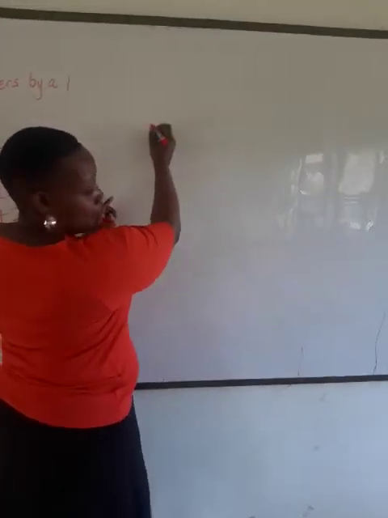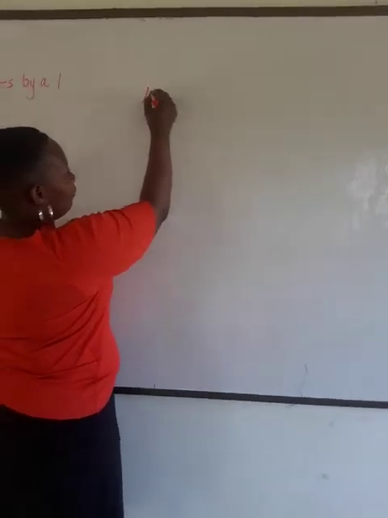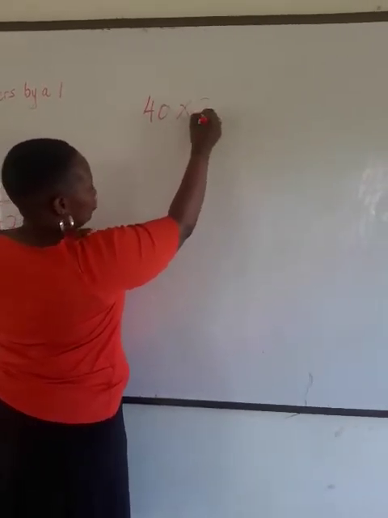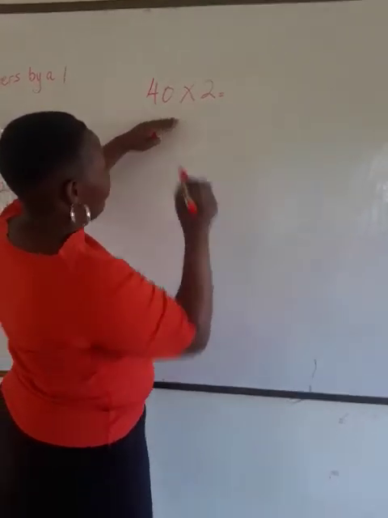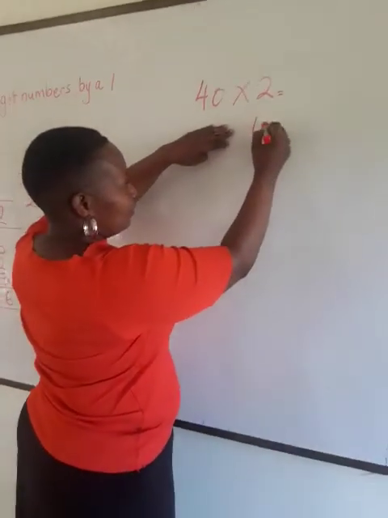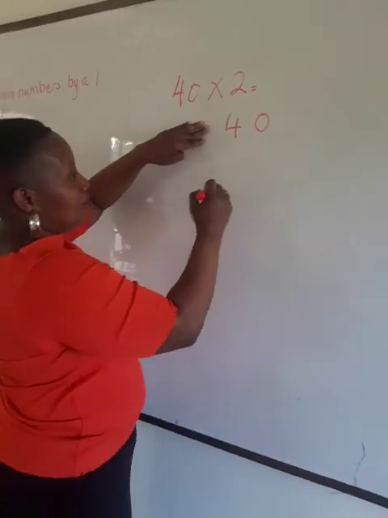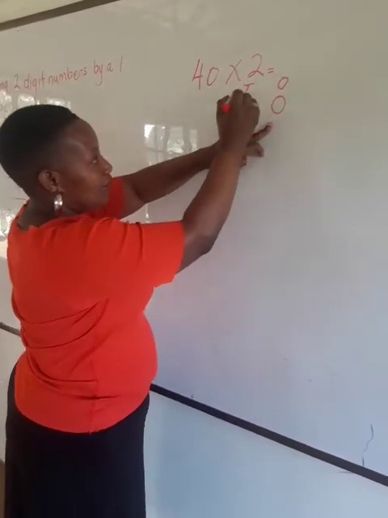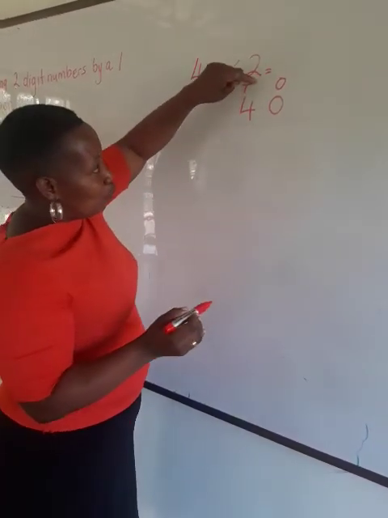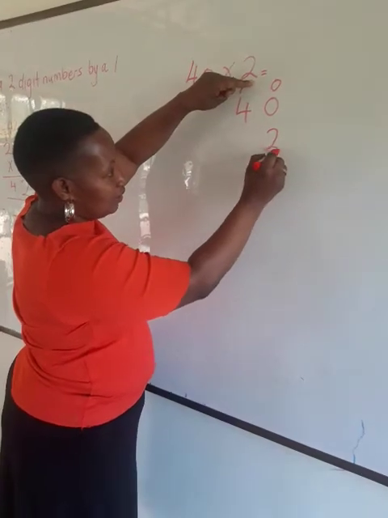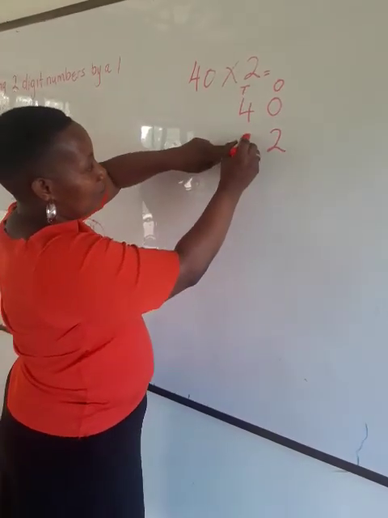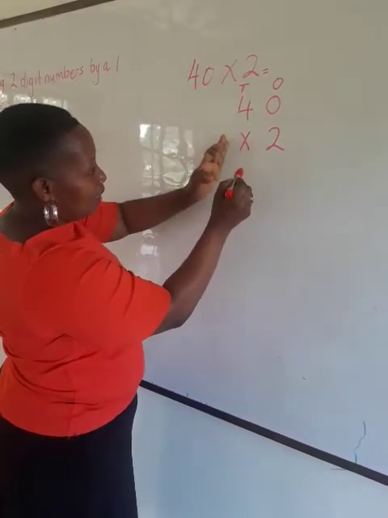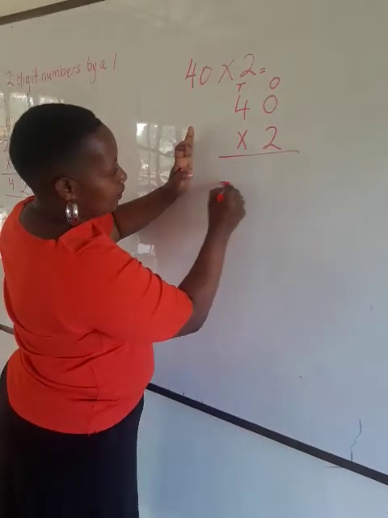My third example is 40 times 2. Arrange the number vertically, 40. You can write the place values, the ones and the tens. Remember to write the 2 under the ones column, and the multiplication sign, you can write it under the tens.